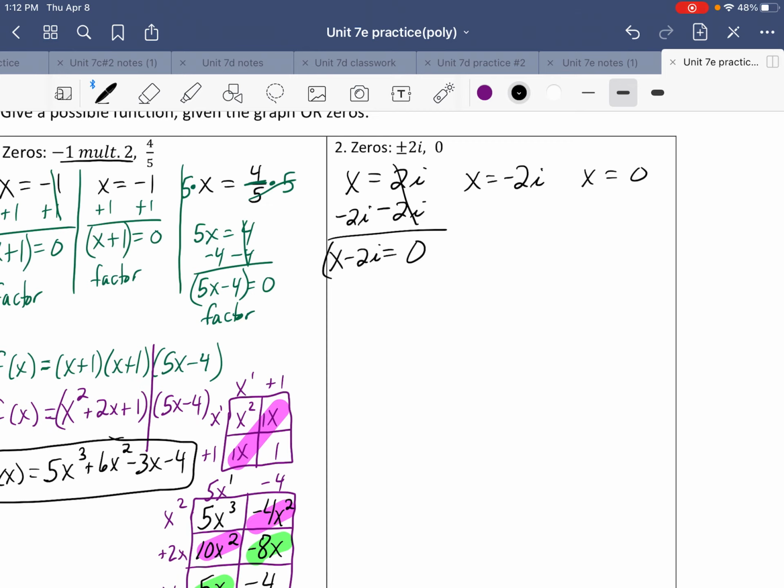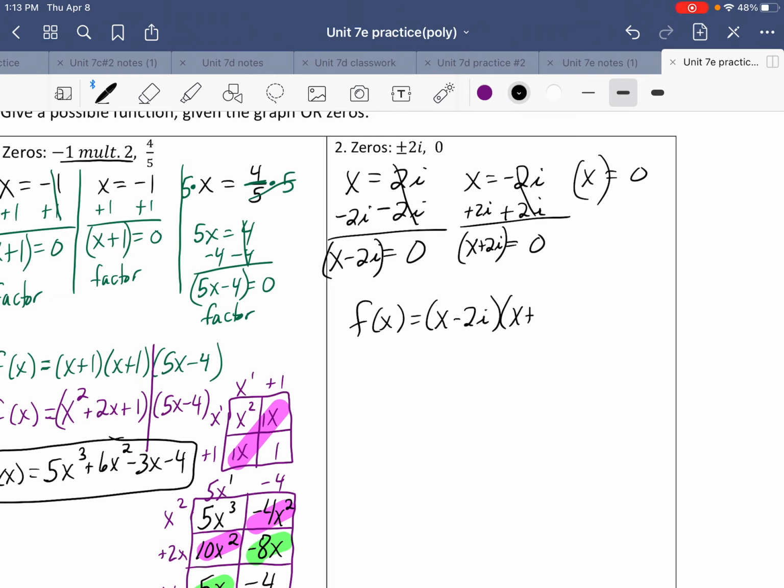So we have the factor x minus 2i, x plus 2i, and the last one is just x. Write these out in factored form of the polynomial. Typically you'd write the x first, but it really doesn't matter.